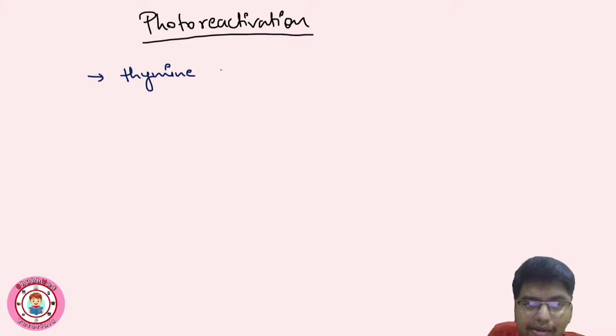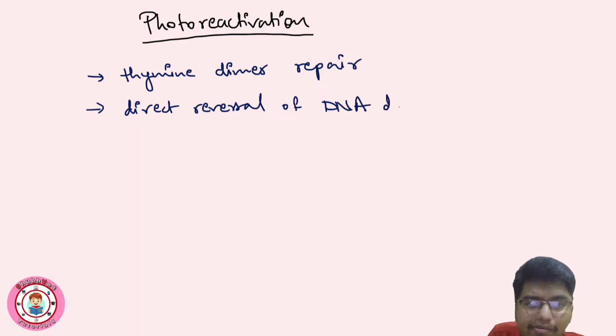Thymine dimer repair, or reversal of pyrimidine dimer, is an example of direct reversal of DNA damage.